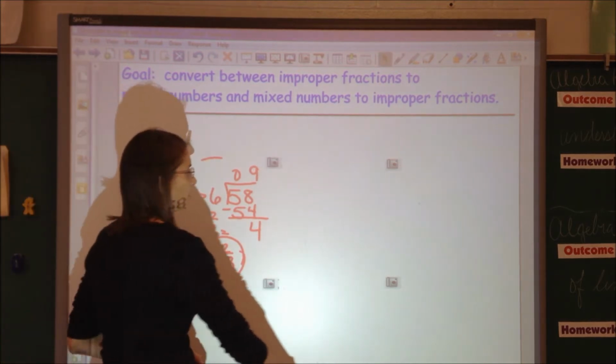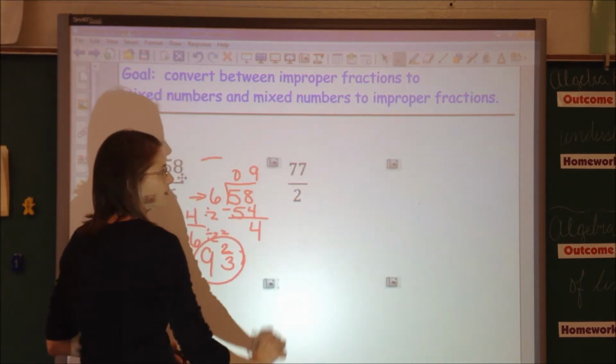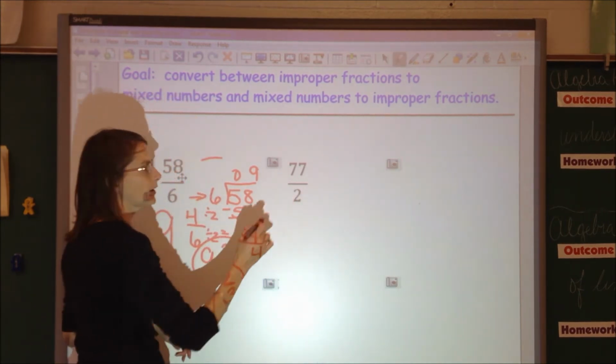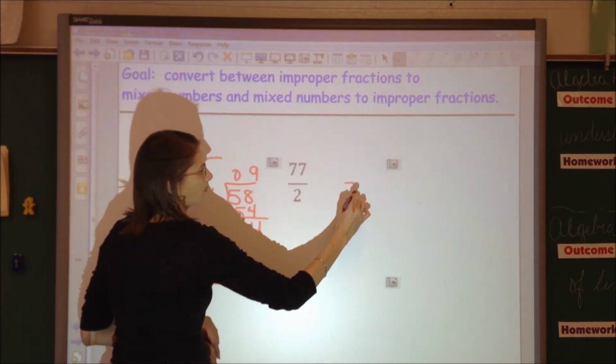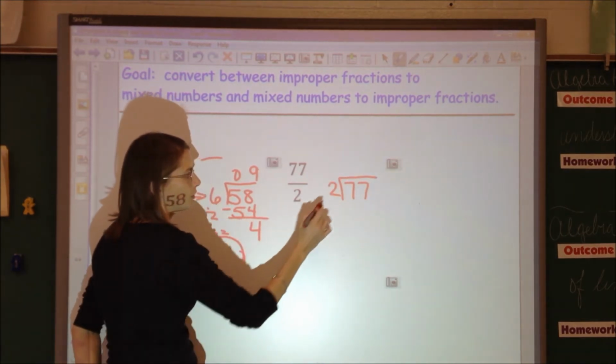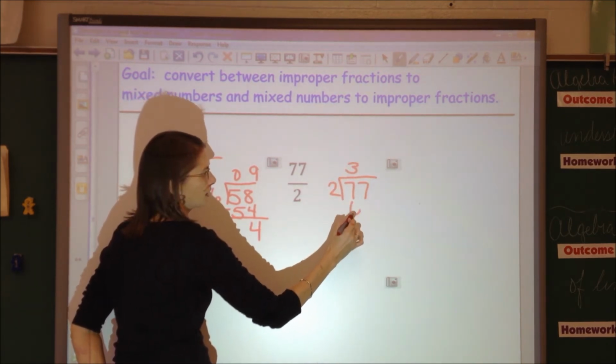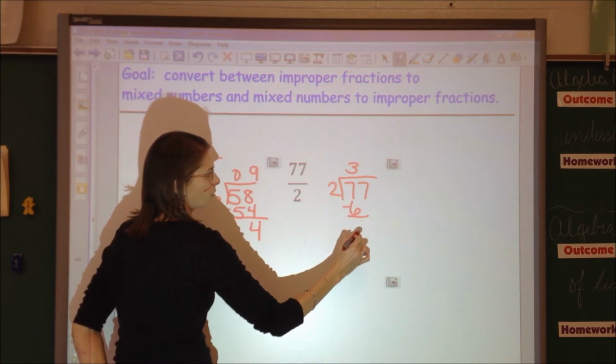Let's go to our second one. 77 halves. Numerator is bigger than the denominator. I'm going to dump it over. Numerator comes here. Denominator comes here. 2 goes into 7 3 times. 3 times 2 is 6. Subtract it. I get a 1.